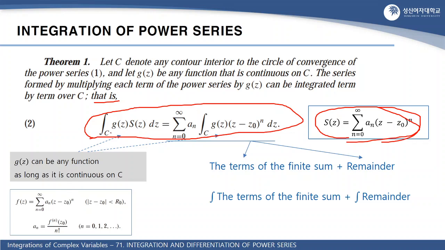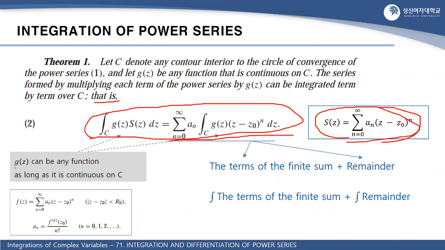Integral along the contour C, g of z times S of z dz is equal to the summation n equals 0 to infinity, a_n times the integral along the contour C, g of z times (z minus z naught) to the n dz.